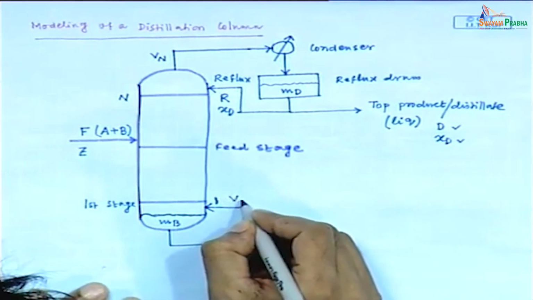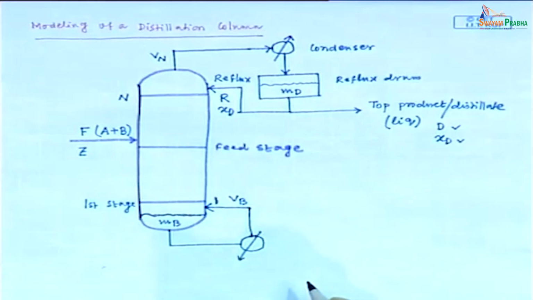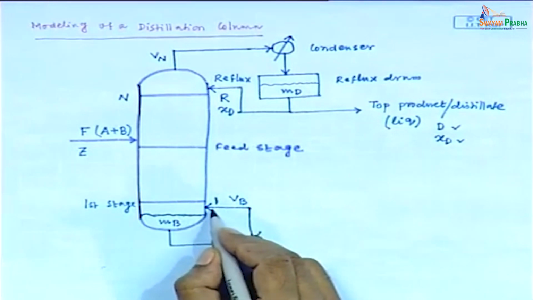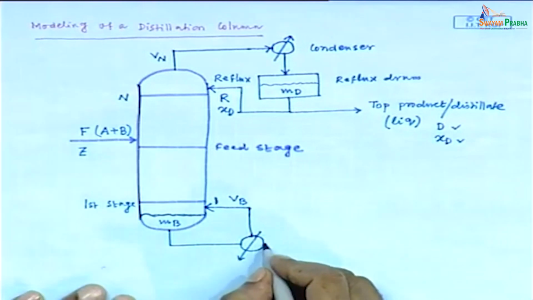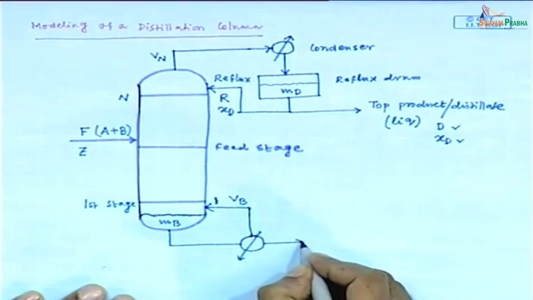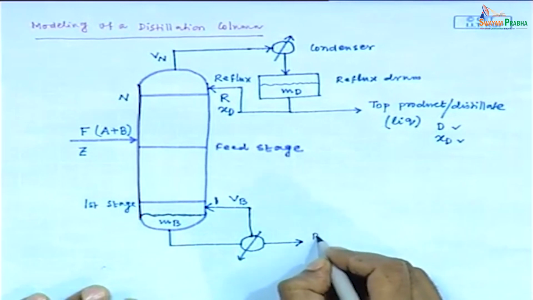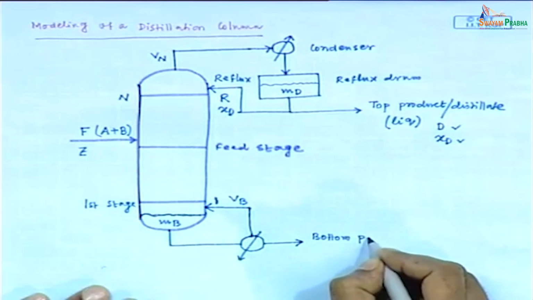Suppose this vapor flow rate is V suffix B, and a part of that accumulated liquid in the column base is withdrawn as bottom product.